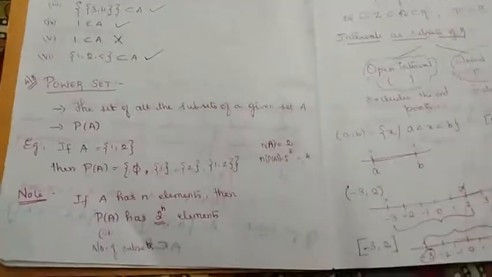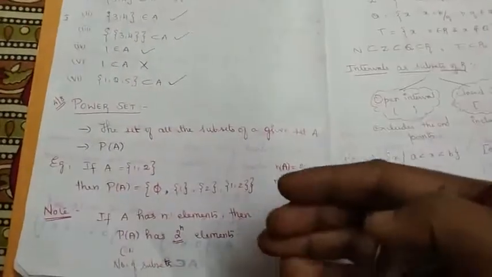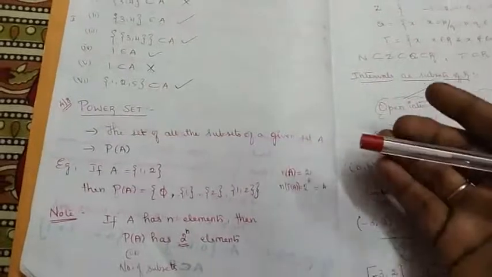So the set of all the subsets is called a power set. How many subsets in general can a set have? 2 power n. If A has n elements, then a power set will have 2 power n elements, or we can say the number of subsets for a given set is 2 power n.